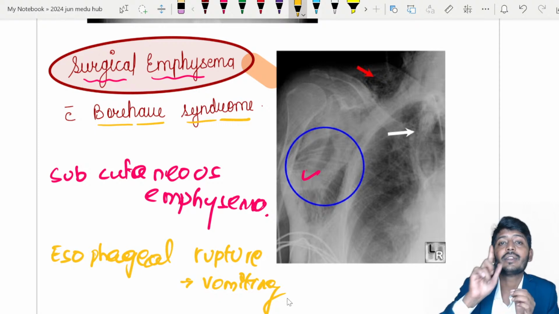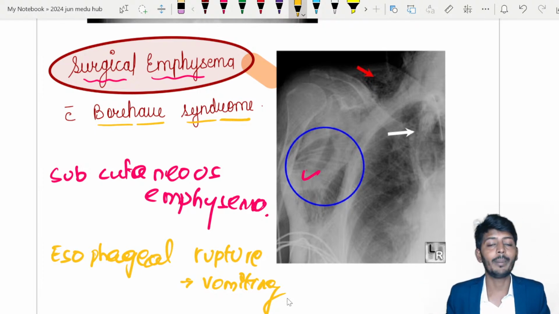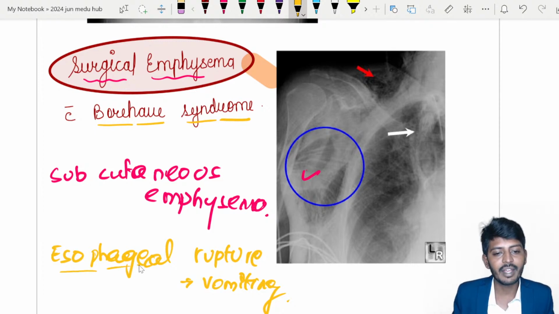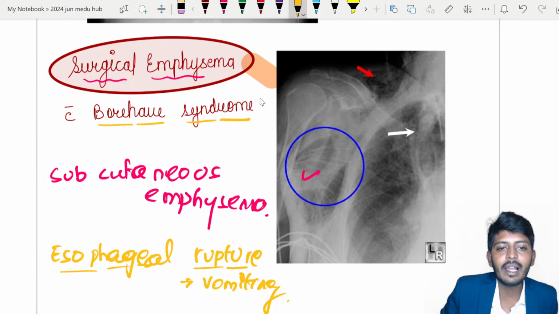The point is not about drinking alcohol alone. The most important point is that after drinking alcohol, sudden forced vomiting creates an esophageal rupture. So if there is a spontaneous esophageal rupture, we have a syndrome called Boerhaave syndrome.